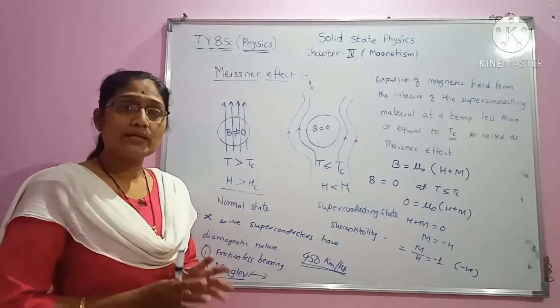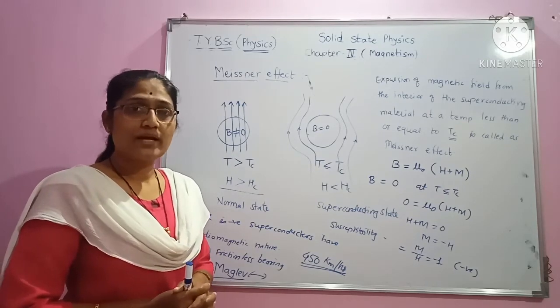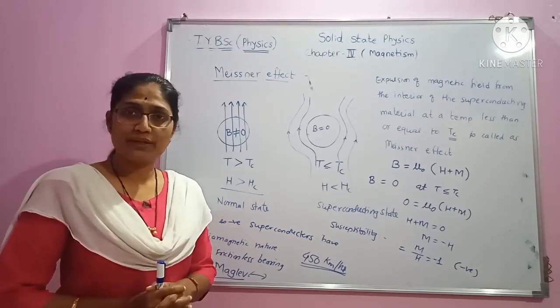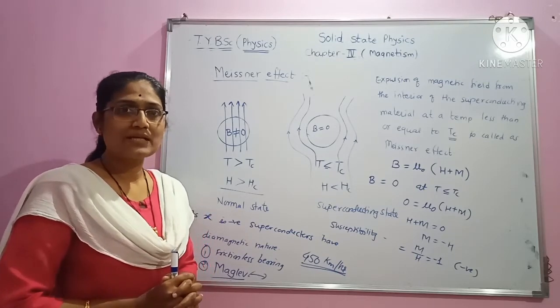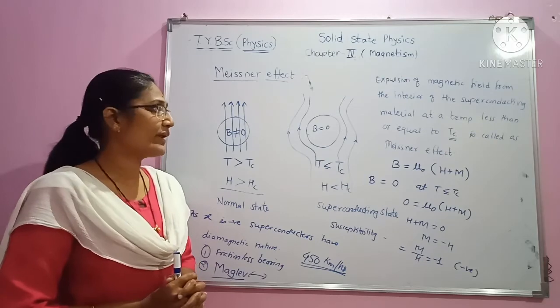Meissner effect has various applications, such as it is used in frictionless bearings, and it is used to fabricate the high speed trains called magnetically levitated trains.